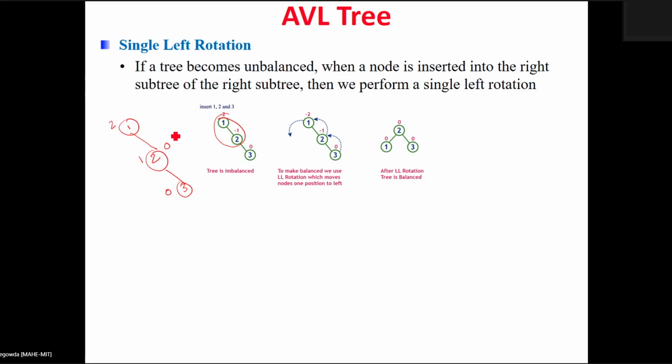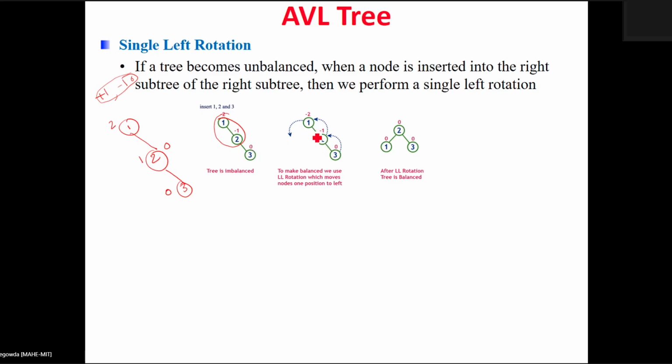The balance factor must always be either +1, -1, or 0. If it is outside these values, then the tree is imbalanced and you are supposed to do the balancing. If the nodes are added like this and it becomes a right skewed tree, then you need to do a single left rotation in order to balance it.